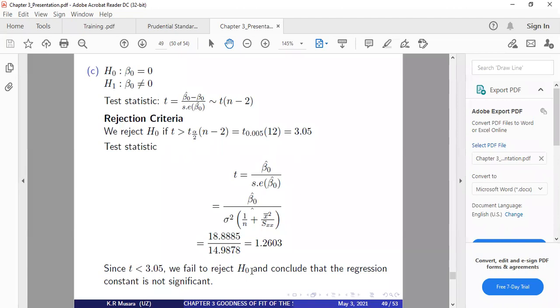We fail to reject H0 and conclude that the intercept is statistically insignificant, or it's not significant. Not that the regression model is not significant. No, this doesn't invalidate the regression model. So you have to state that the intercept is statistically insignificant or the intercept is not significant.